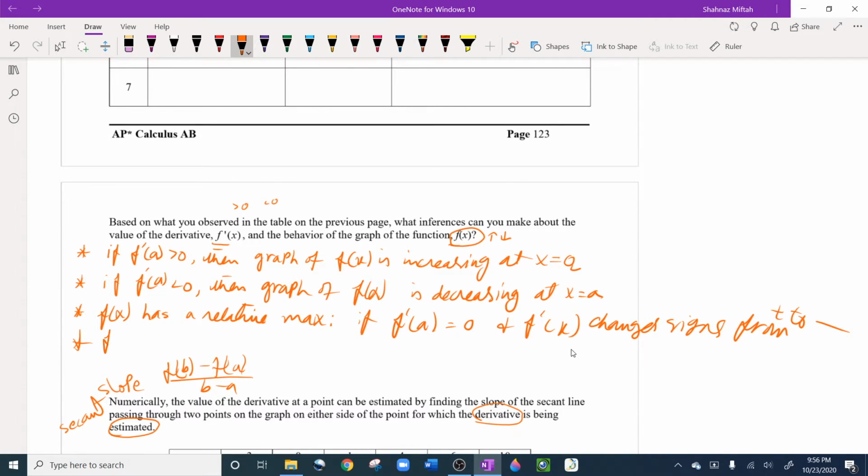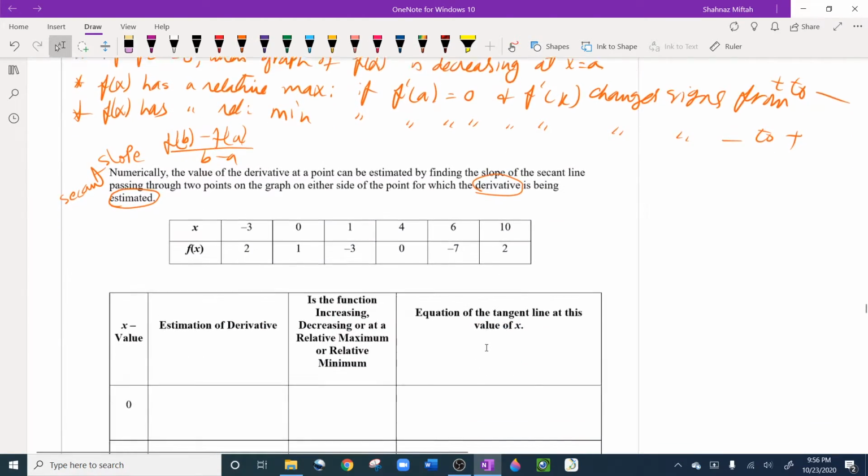Last one, f of x has a relative minimum if f prime a is equal to 0 and f prime of x changes signs from negative to positive. Done.